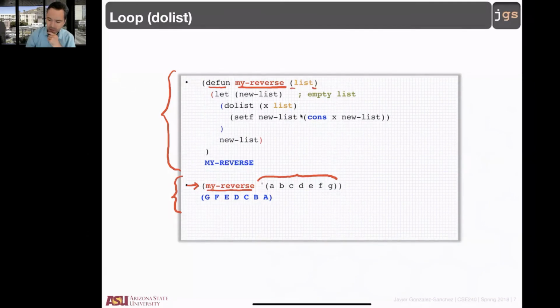Parameters. How many parameters? Only one. If I am sending one, I am going to receive one. Now, I need to be clear here. The name of the parameter can be whatever you want. I am using these orange letters list just to make it easy to read that one is the list.